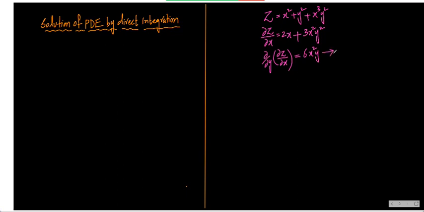Now, dou square z by dou y into dou x is equal to what? We're getting the answer 6x square into y.